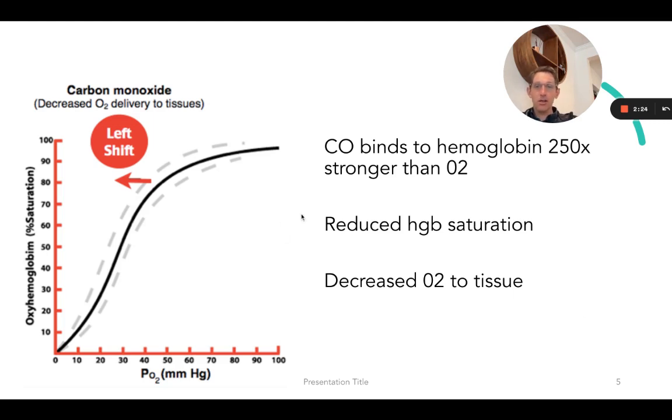The oxygen-hemoglobin dissociation curve here on the left, this black line, is your normal scenario. On the x-axis, you have your partial pressure of oxygen. On the y-axis, you have the oxygen saturation. If you have a lot of oxygen available from the environment into the blood, your oxygen saturation would be about 100%.